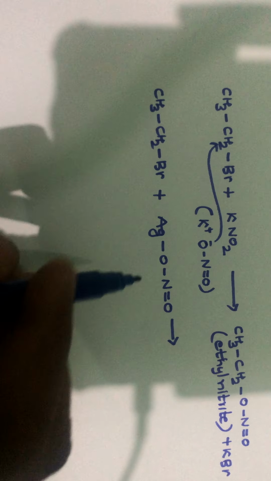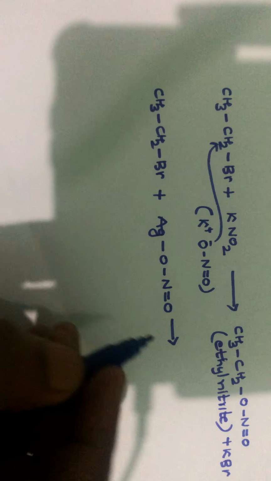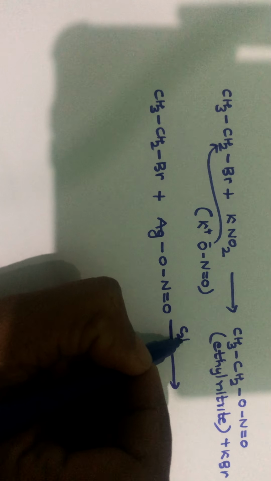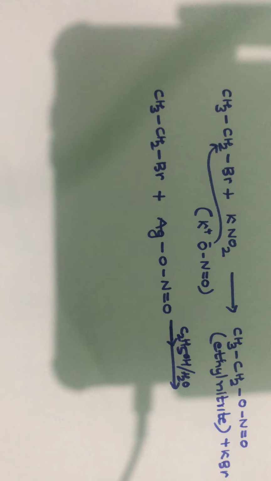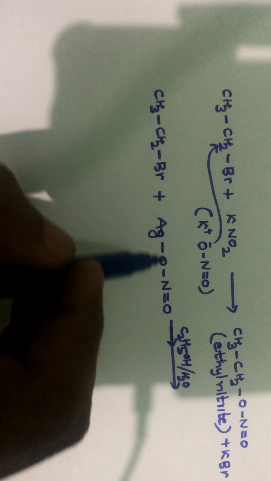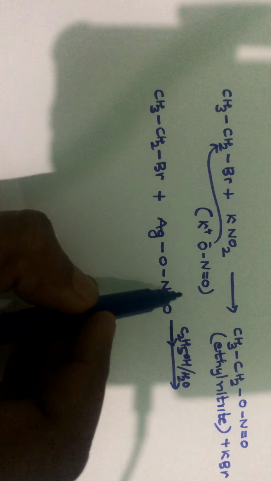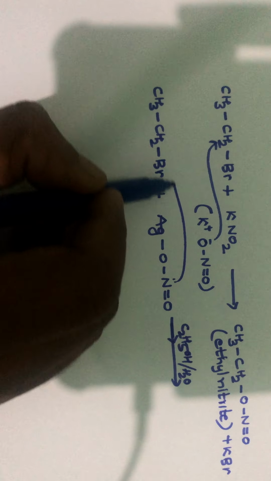Now, if you use silver nitrite, an ethanolic solution of silver nitrite, an ethanolic aqueous solution, C2H5OH and water used as a solvent here, it does not dissociate. So the attack takes place through nitrogen.